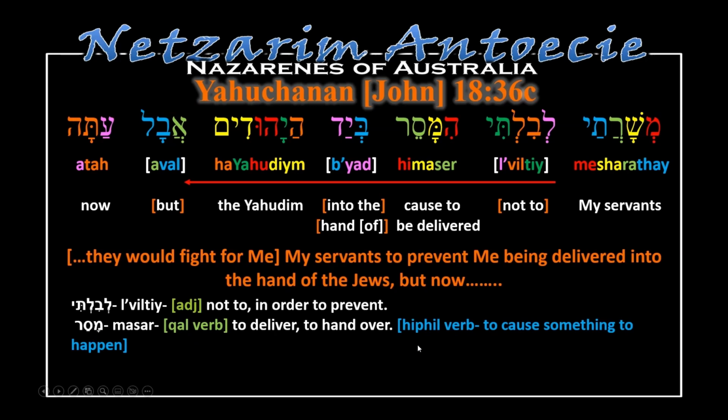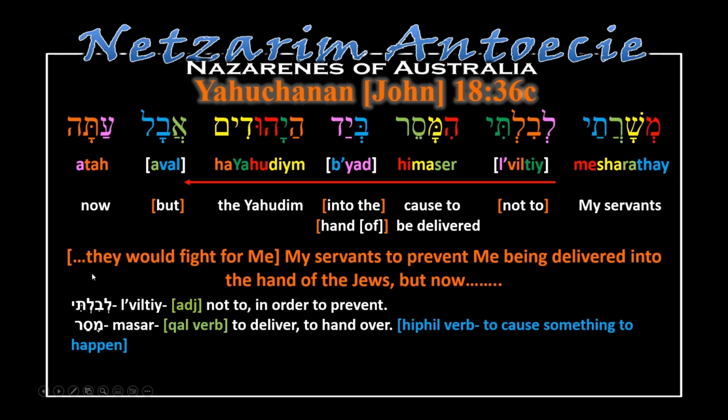And it is a hifil verb to cause something to happen. So it's cause to be delivered, not to cause to be delivered. And then beyad, into the hand, we could say of, ha-Yehudim, the Yehudim, aval, but, ata, now.